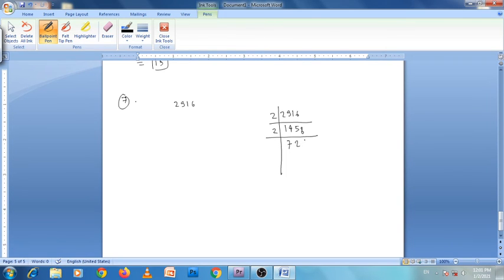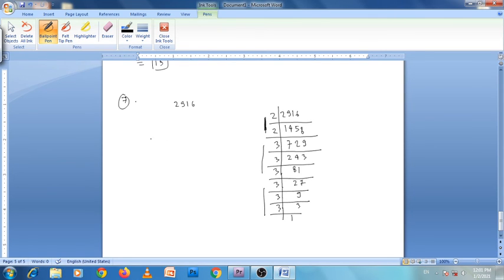Then continue dividing by 2 and then by 3 to get the prime factors. So we have 3 in a group of three, but we have to divide it by 4 because the 2 is not in a group of three.